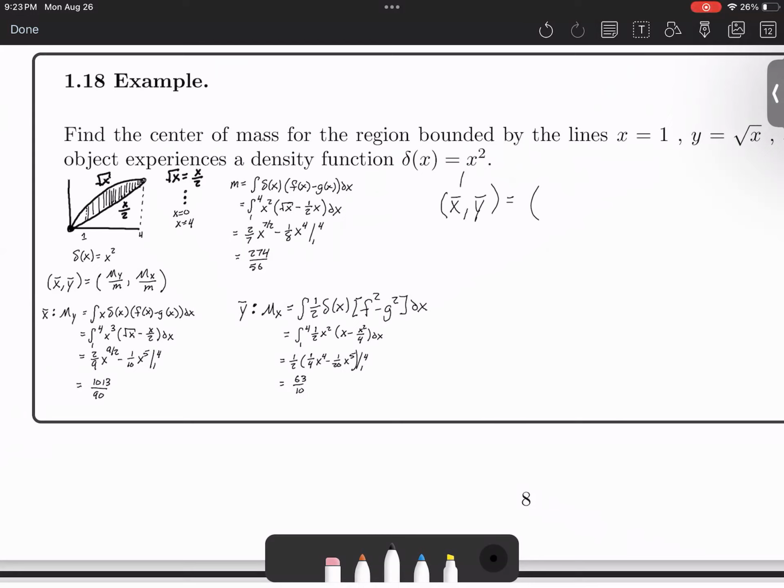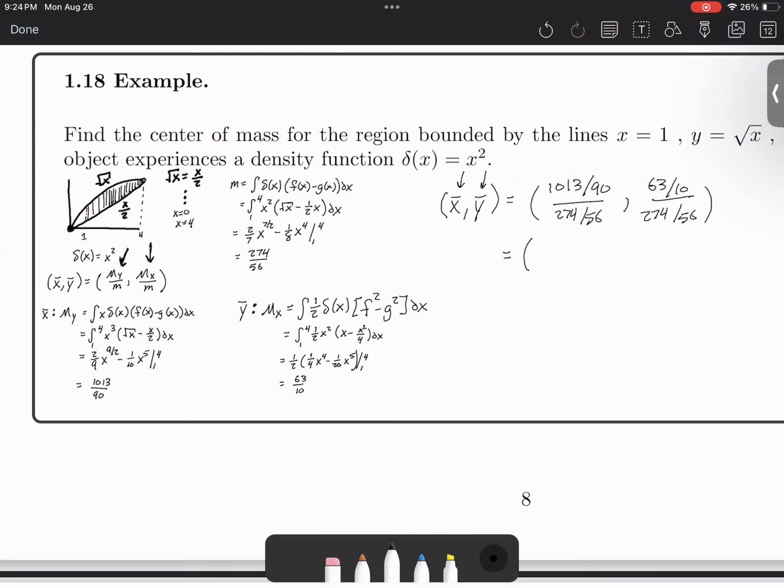Our x bar, the horizontal component, will be the moment in the y divided by the total mass. So we have 1013 over 90 divided by the total mass, 274 over 56. Our y bar, the vertical component of the center, is found by the moment in the x divided by the total mass: 63 over 10 divided by 274 over 56.